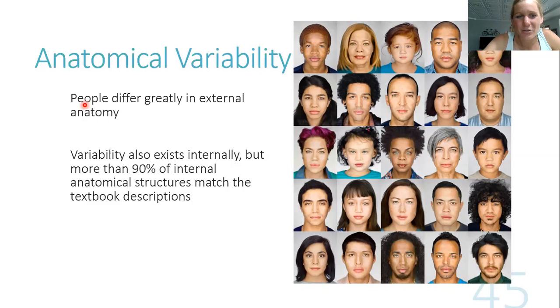From the outside, yes, we look very different, but internally, we're all pretty darn close to the same, which I think is absolutely intriguing when we think about the difference of people and what we perceive. But when it comes down to it and we look at each of these systems, these things hold true for everyone, regardless of what you look like externally.